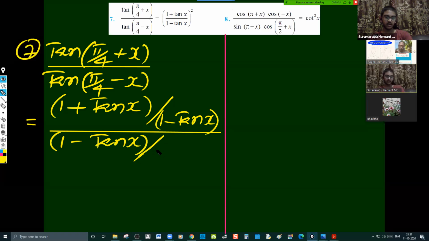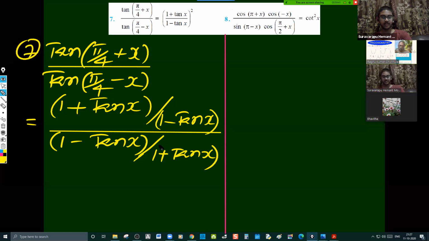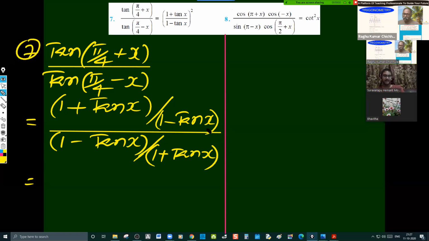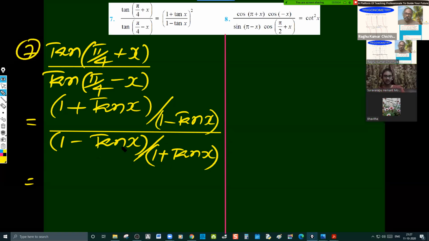Divided by 1 plus tan pi by 4, that's 1, into tan x. It takes little time, but you have to practice it more. Sure, sir. Trigonometry can in no way be solved without the formula.